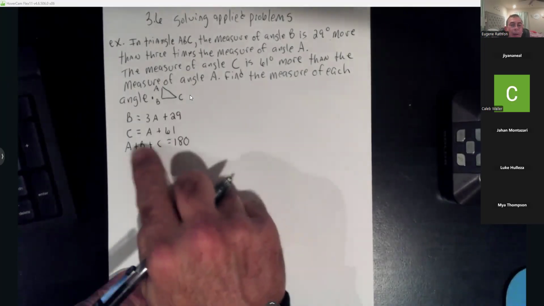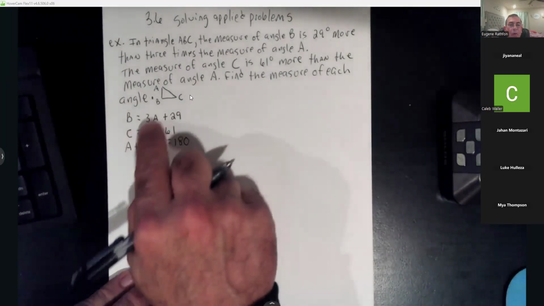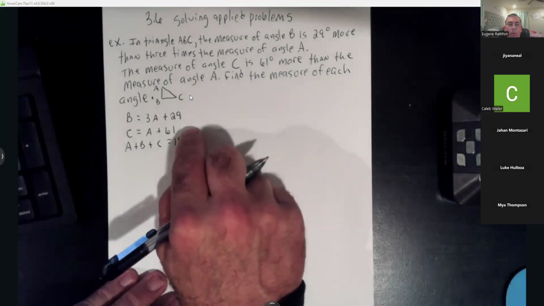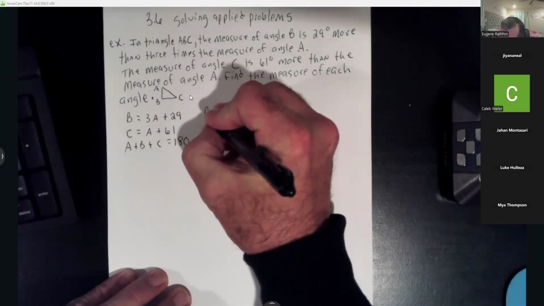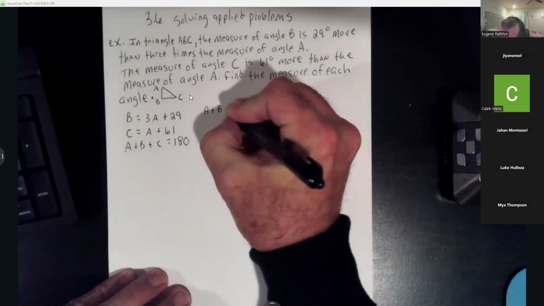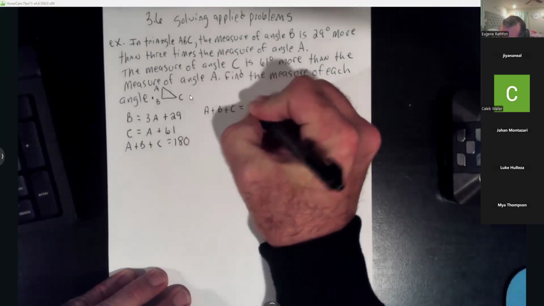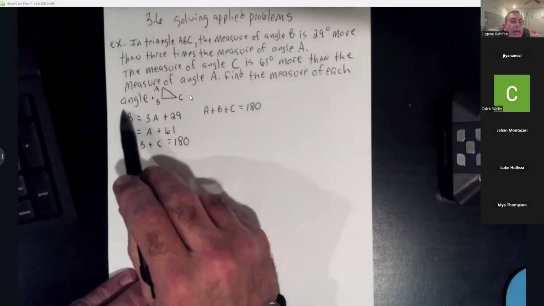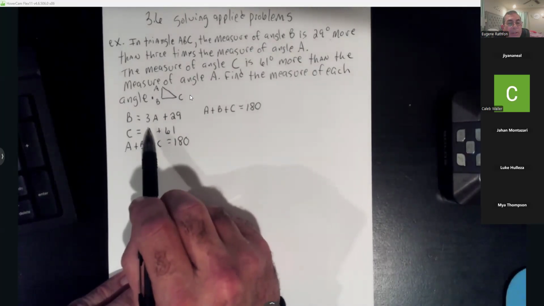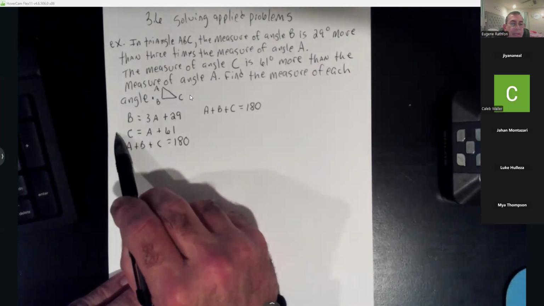Now, I'm going to rewrite this and get all my variables on one side equal to the number. So this one's in the correct order, A plus B plus C equals 180. Now, y'all, on this one I need the 3A on the other side, and on the second one, I need the A on the other side.